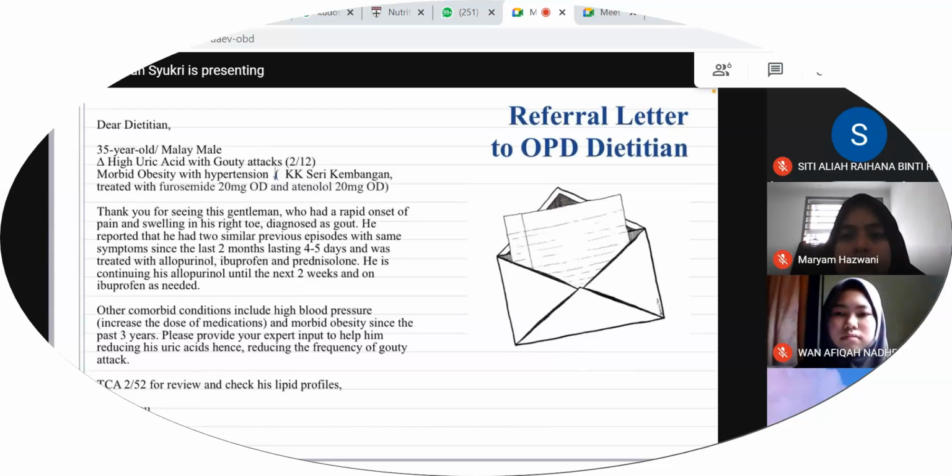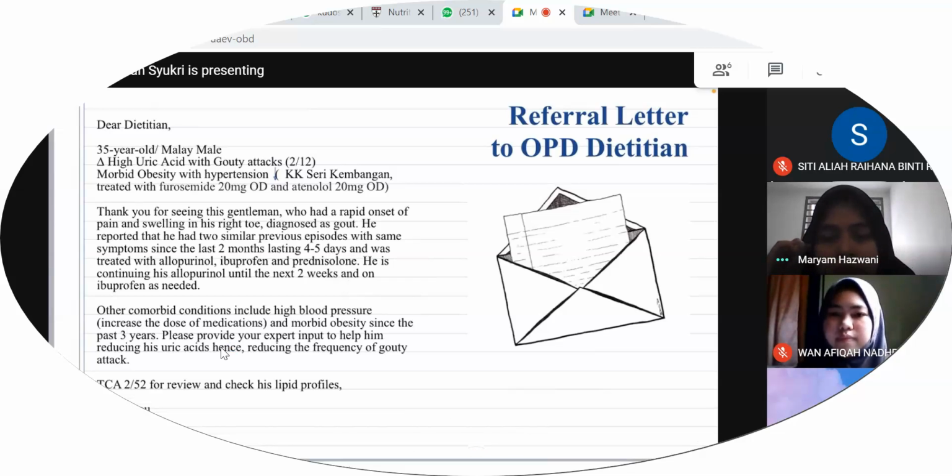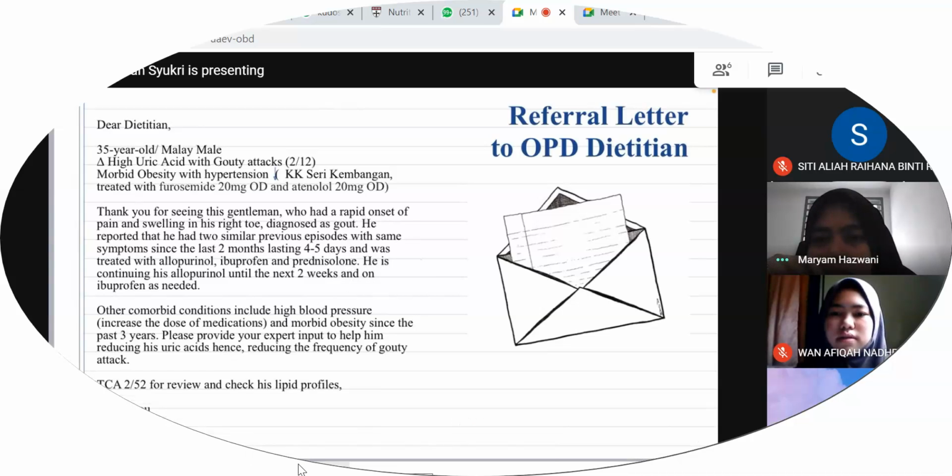And that should be the same together with the clinical goal that the doctor also indicated. Faham maksud saya? Kalau doktor kata now dia nak treat gout, then you as a dietitian must prioritize gout.